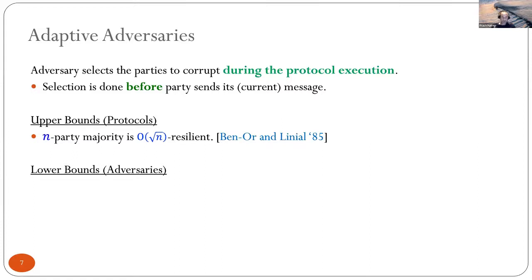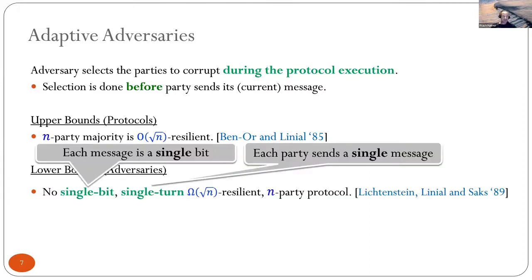So what about a matching lower bound? This conjecture was proved for very specific classes of protocols. In particular, Lichtenstein, Linial, and Saks proved it for single-bit, single-turn protocols. Namely, any such protocol can be fully biased by square root of n adaptive corruptions, where such a protocol means that every party sends a single bit, and each party only speaks once.